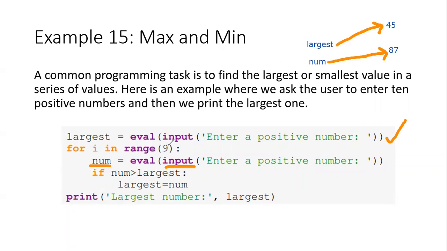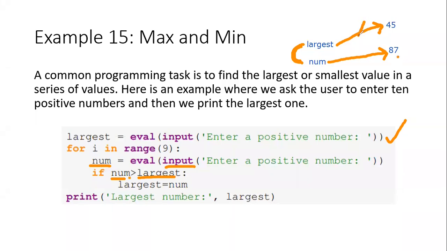So we take the first number and select it as the largest. We enter the second number, and that is what the variable num is pointing to. Then you compare these two, num and largest, and find out who is the largest. If num is larger, what happened?